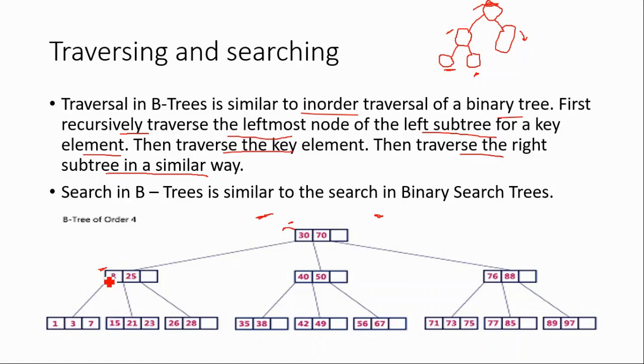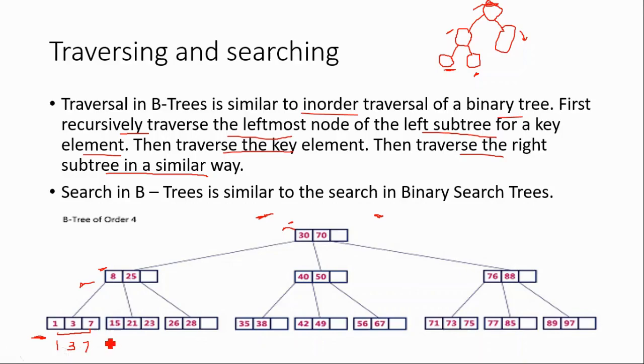So in this way we have come to the leftmost node of the tree, and as it has no children, we can traverse all elements here, which is 1, 3 and 7. After traversing all these, we traverse 8.